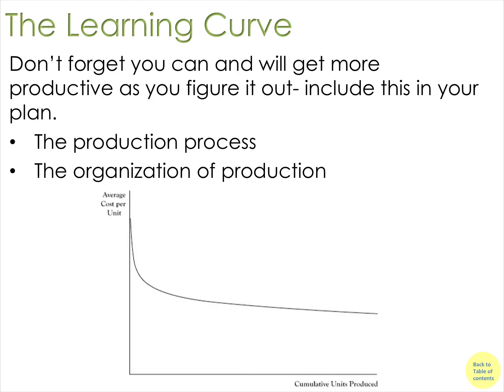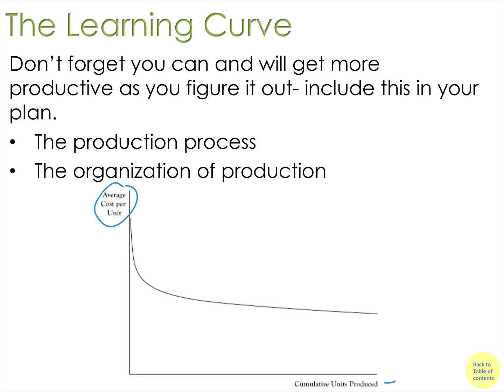And the very final thing, on a happy note, is when you're doing planning, don't forget that you can and will get more productive as you figure it out. This is called the learning curve, right? So average cost per unit, other things equal, can drop simply as you grow up and understand the production process more and develop specialization.